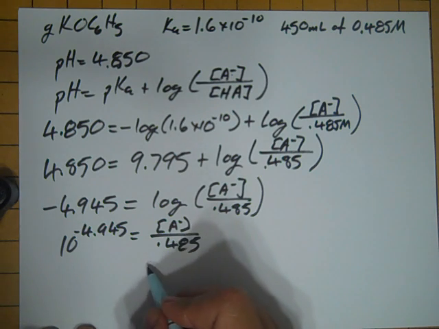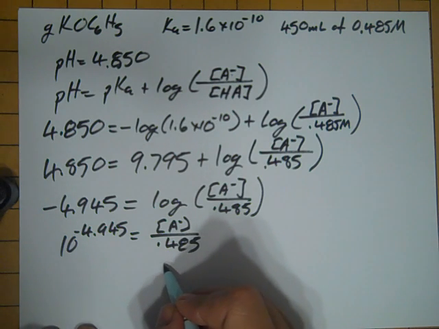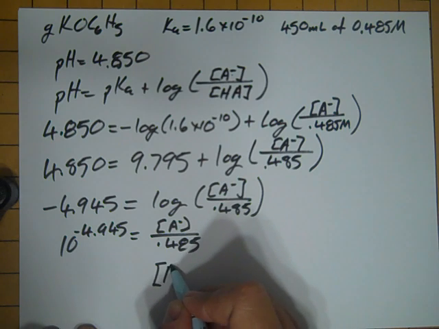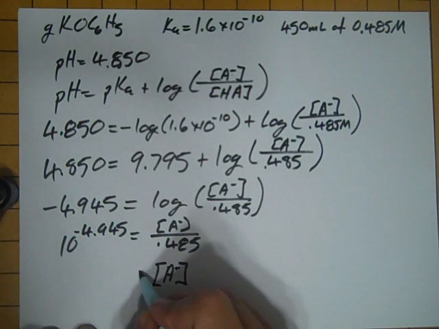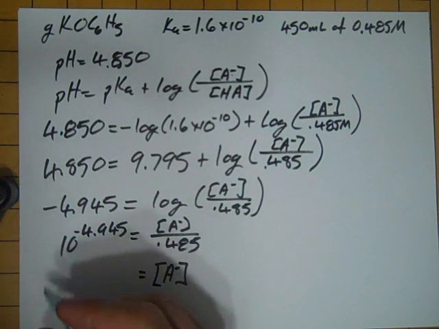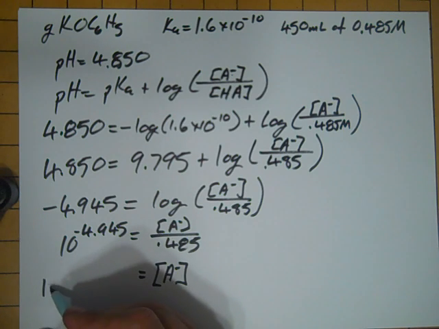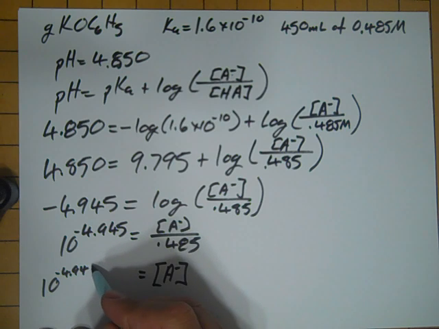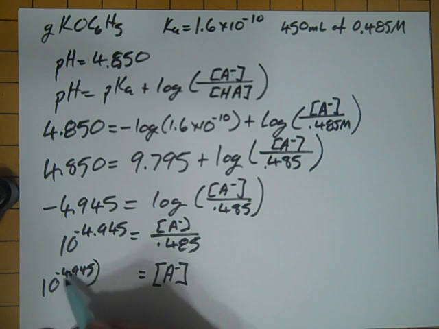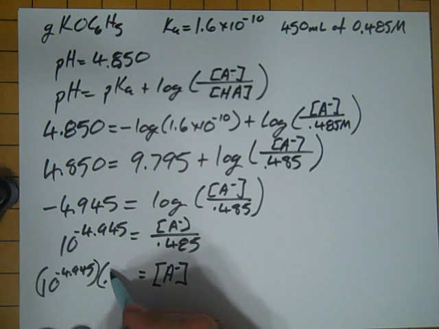Which is to say that the concentration of A minus is going to equal 10 raised to the negative 4.945 times 0.485.